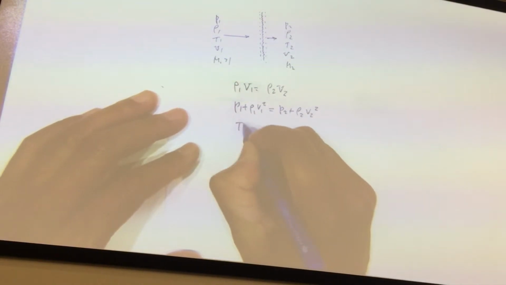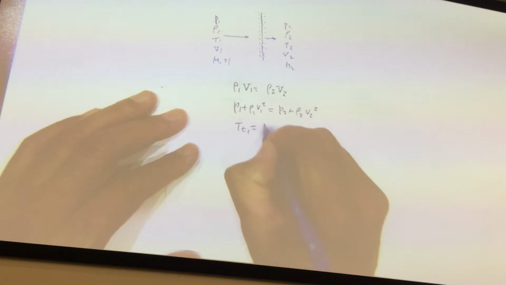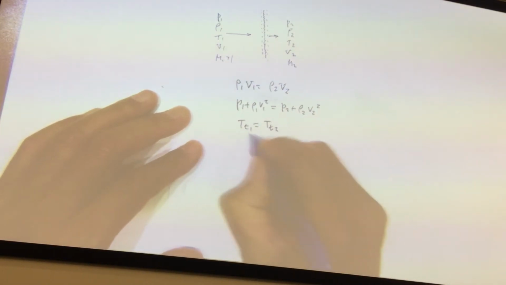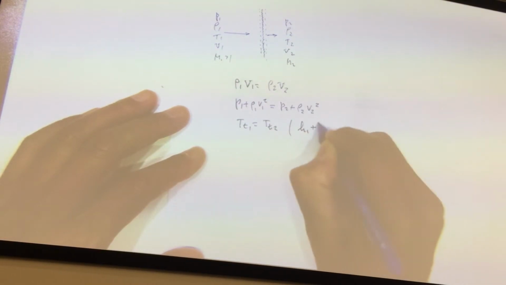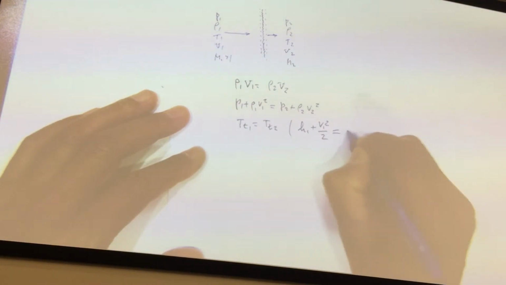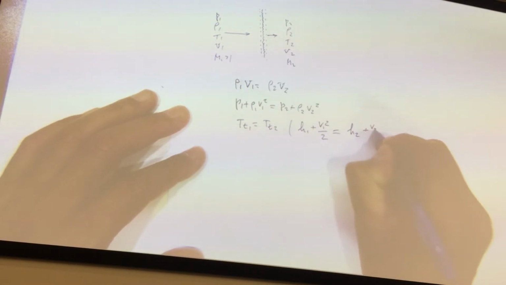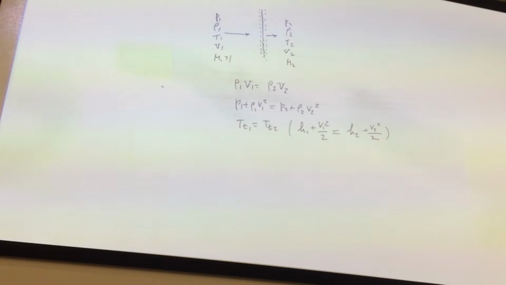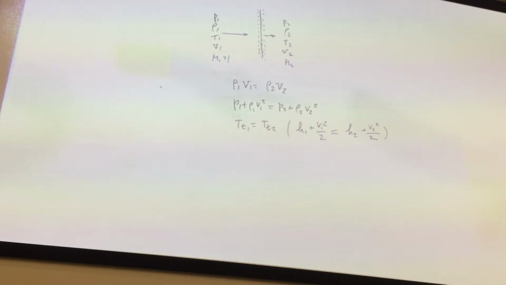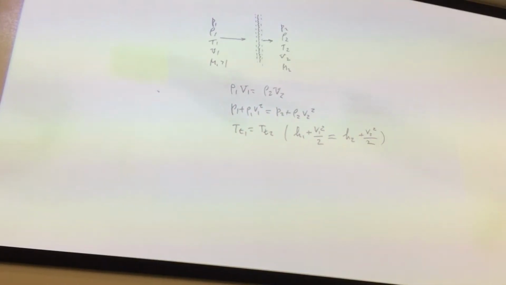Energy. The reason that TT1 is equal to TT2 across the shock wave is that, unless there is a heat loss, otherwise the total temperature will be the same.